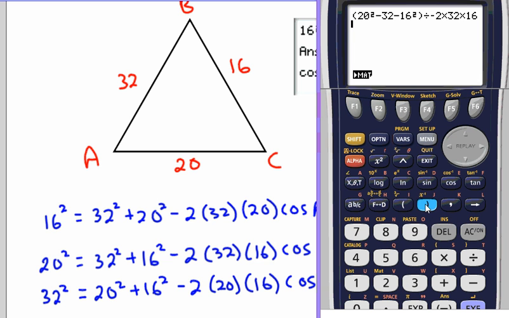I needed that to be in parentheses. All right, there's what cosine of angle B should be. Then I'll do inverse cosine of that answer, and B is going to be 96.28.